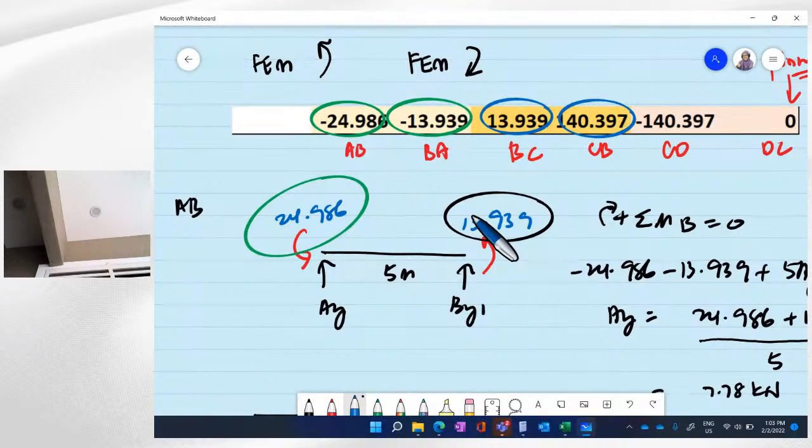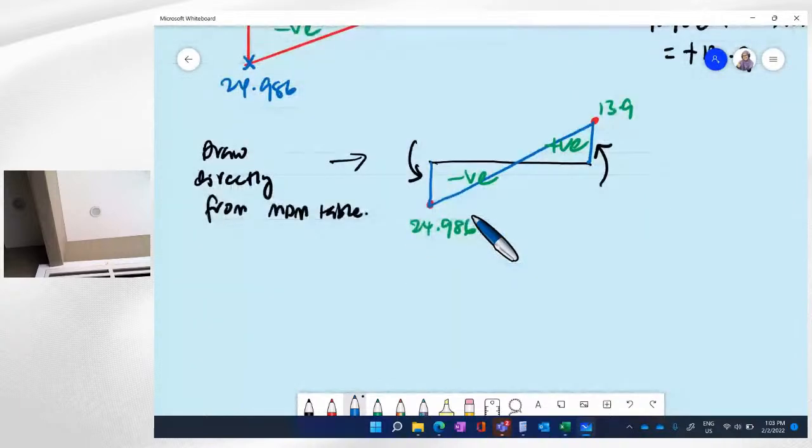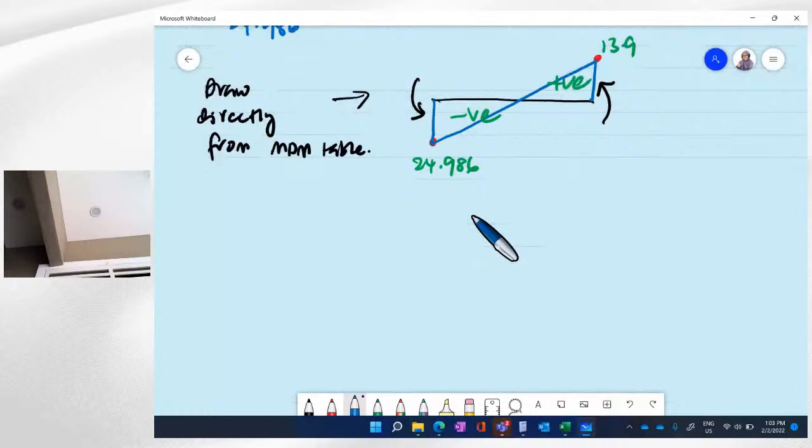So this positive and positive is actually the first point and the last point in the BMD for member BC. For member BC, it is positive, positive. We know that from this we get the first point here, the last point here.